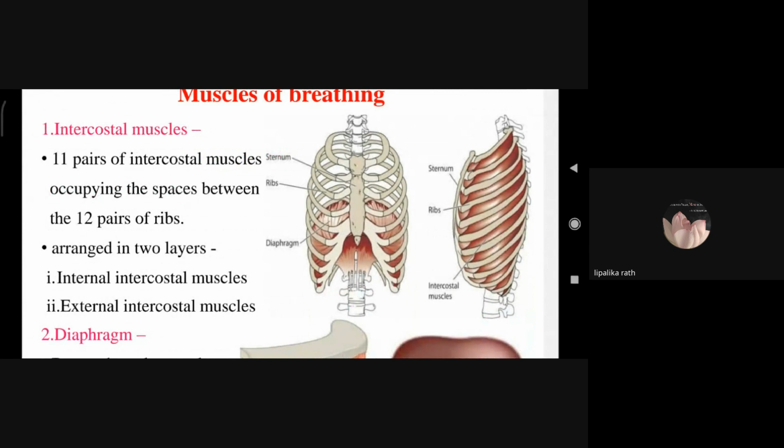They are arranged in two layers: internal intercostal muscles and external intercostal muscles. On the inner side of the rib cage, closer to the lungs, are the internal intercostal muscles, and on the outer side of the rib cage are the external intercostal muscles.